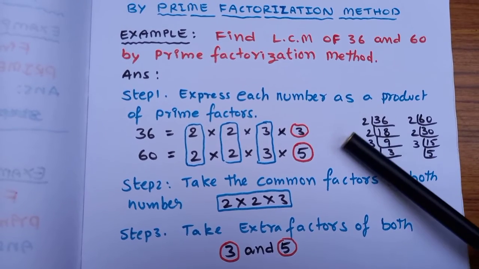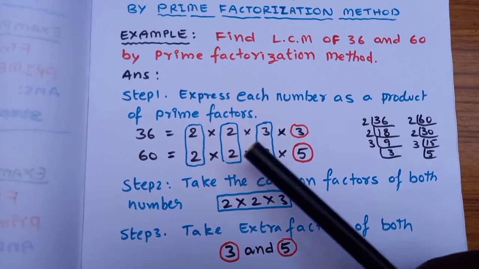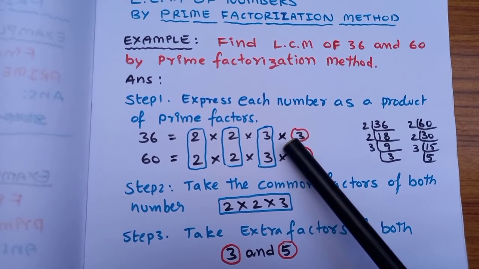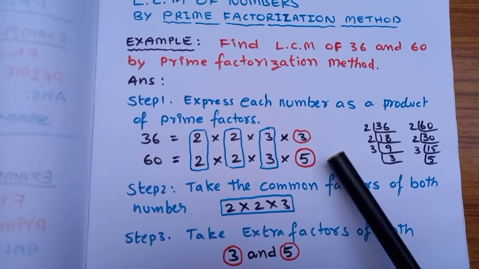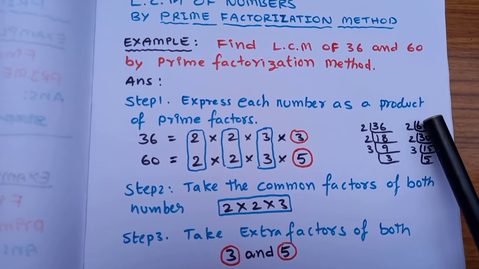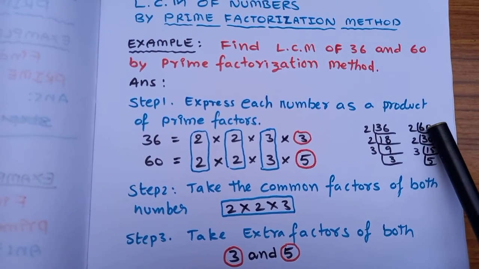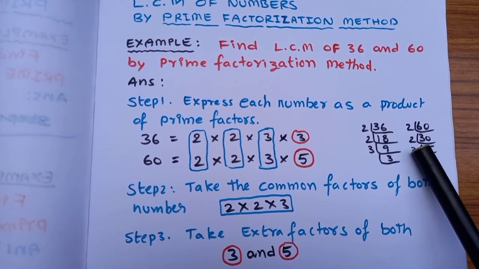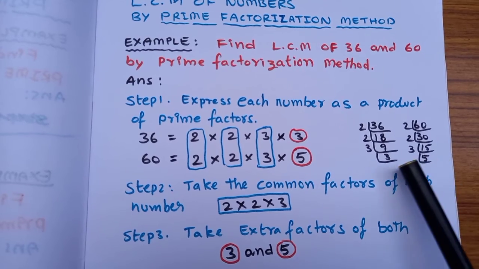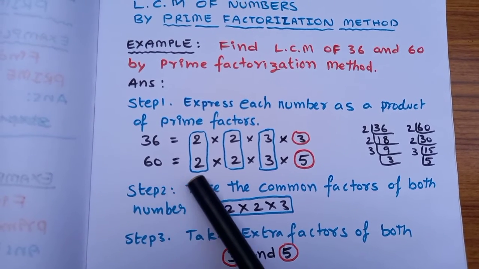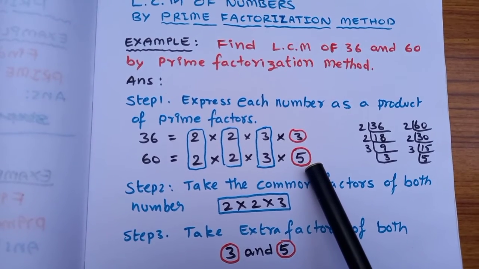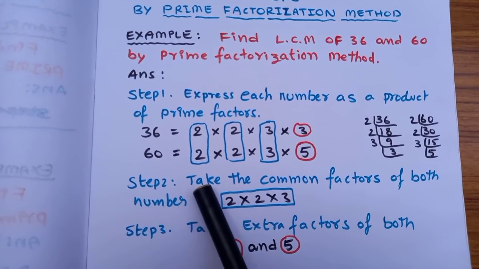Now we will write 36 as 2 into 2 into 3 into 3. Similarly, we find the prime factors of 60: 2 30s, 2 15s and 3 5s, and write down 60 as 2 into 2 into 3 into 5.